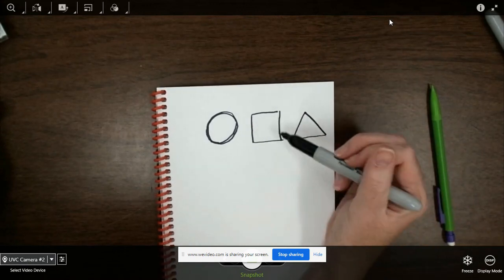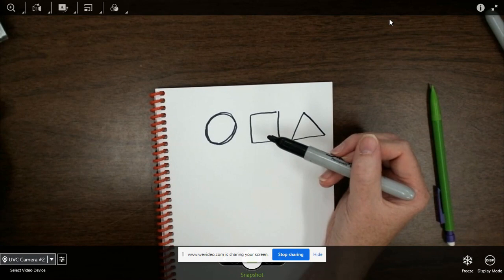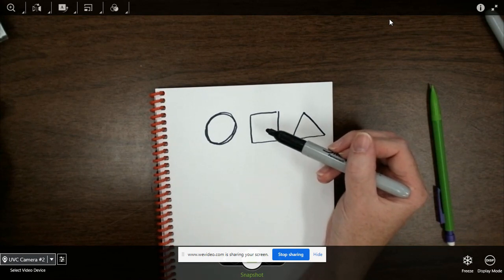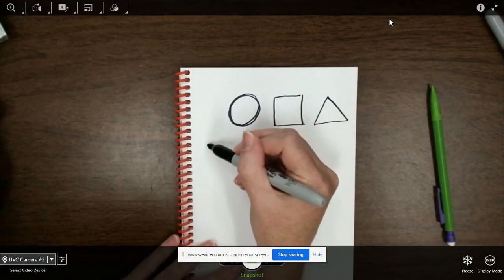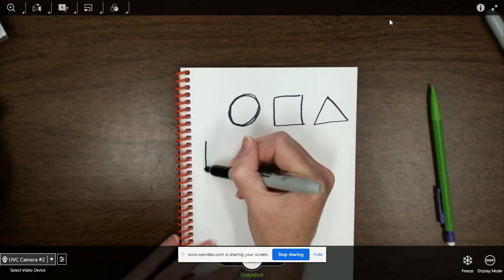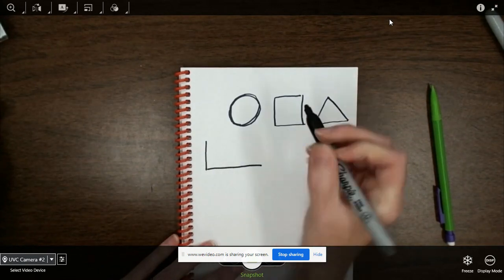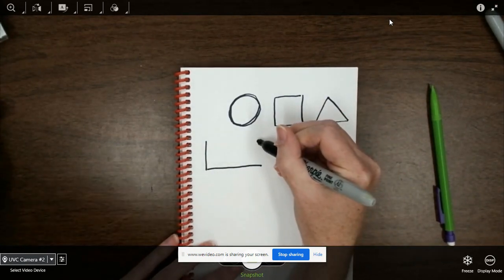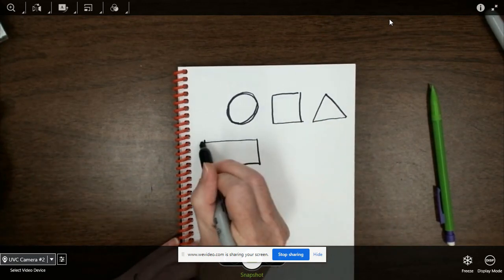Something that's very similar and uses the same lines as a square would be a rectangle. So you go short and then long, right? Vertical short and long.